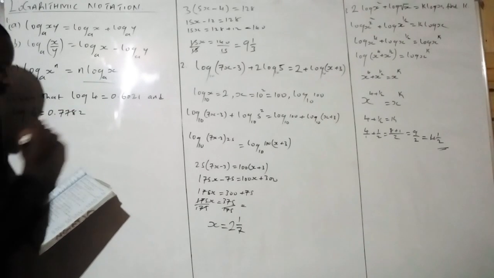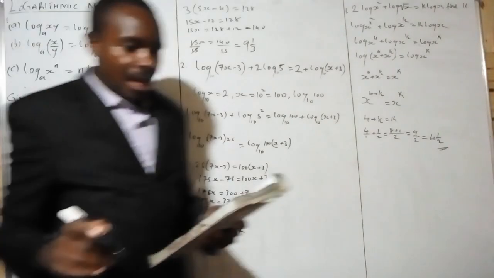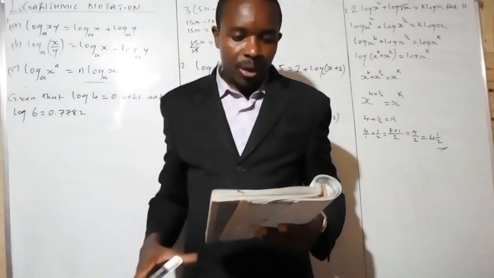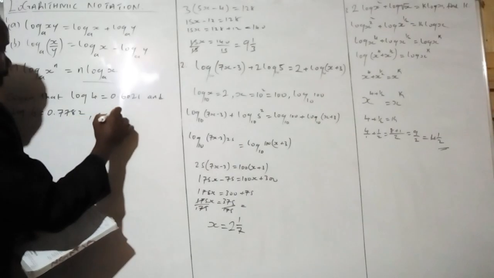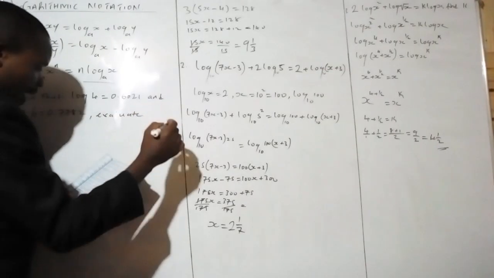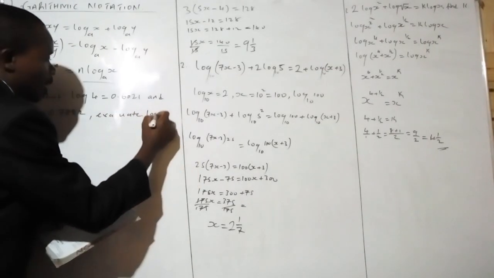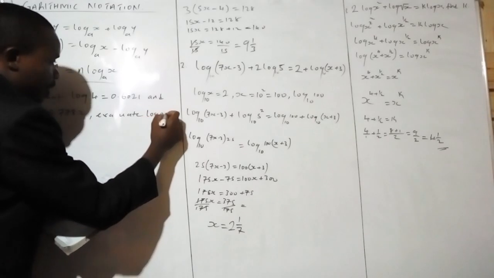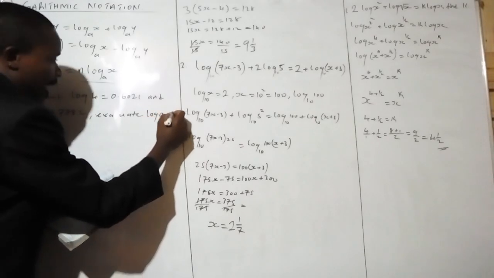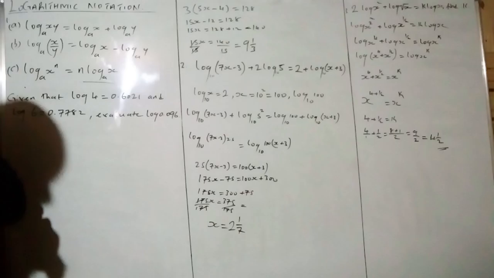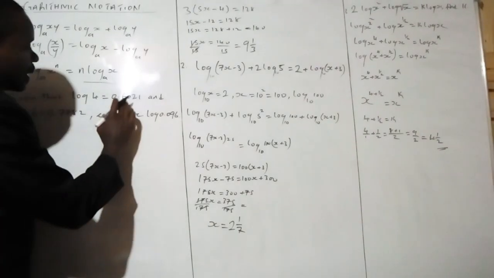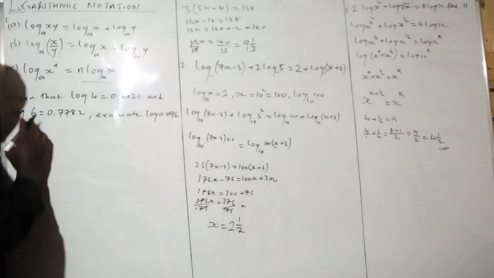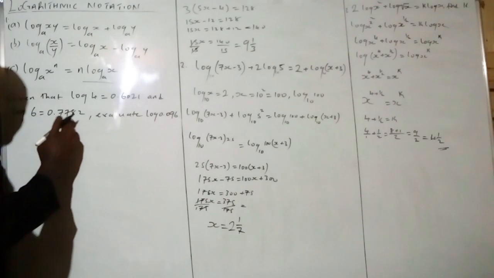Without using mathematical tables or a calculator, evaluate log 0.096. Given that log 4 is equal to 0.6021 and log 6 is equal to 0.7782, evaluate log 0.096.